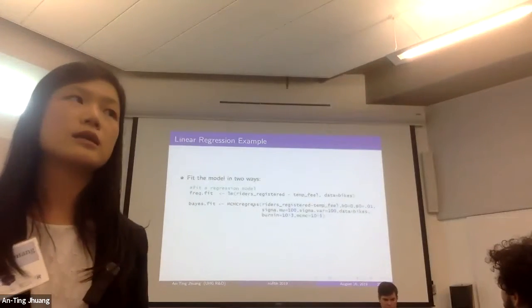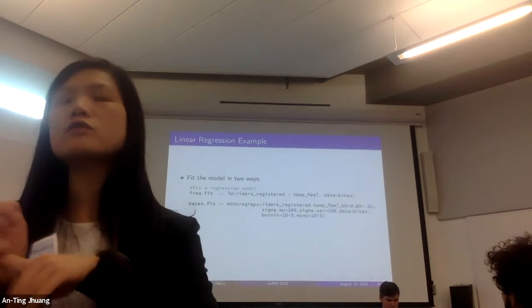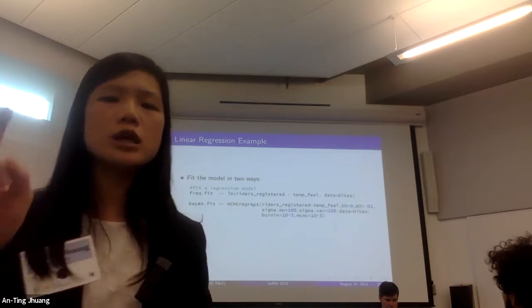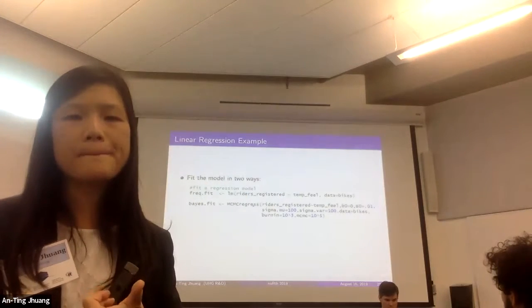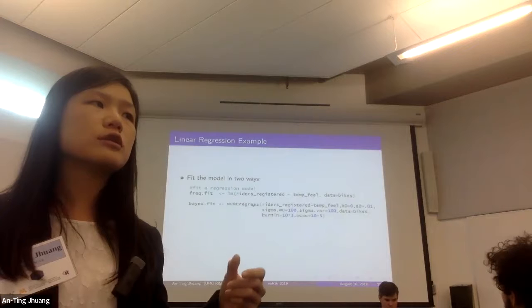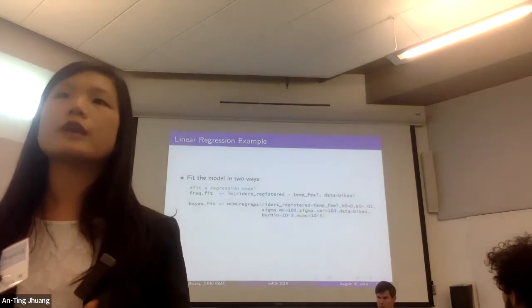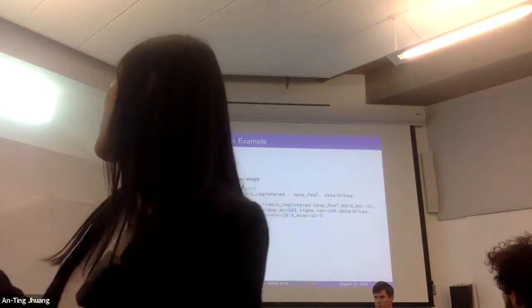But for the Bayesian fit, you can use the MCMCregress function in the MCMCpack package. MCMCpack is a very strong and powerful package for drawing posterior samples. You can also examine how your posterior sample looks, if it makes sense, and if it converges, and it also contains some other statistics, which Christina will introduce later on.